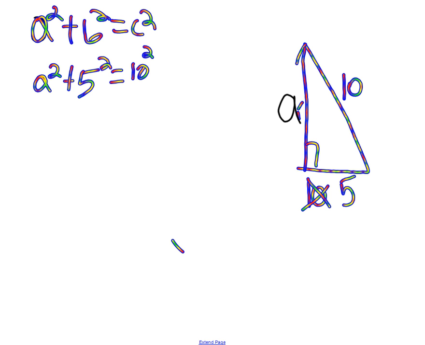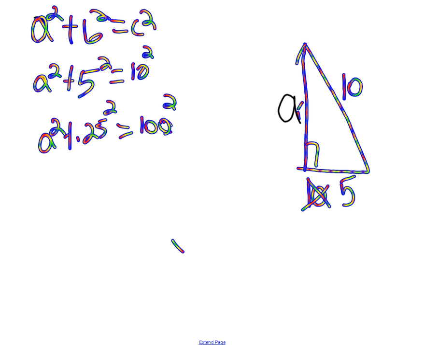So you would do 10 minus 5? No, you solve them. So A squared stays the same. B squared is 5 times 5, which is 25. And 10 squared is 100.